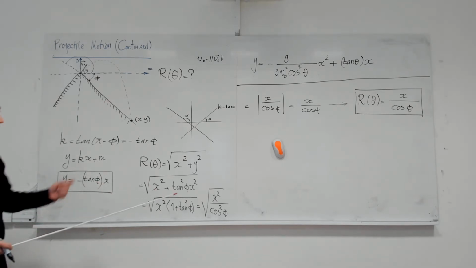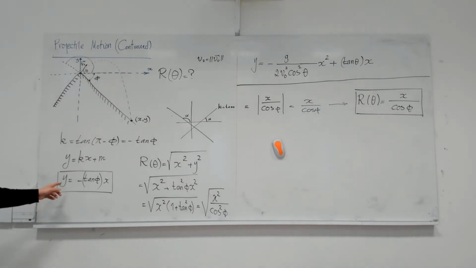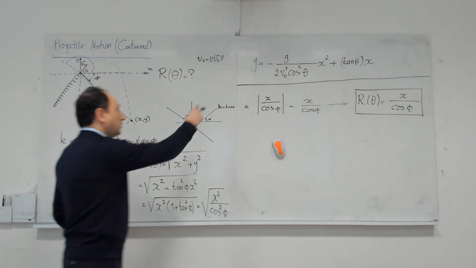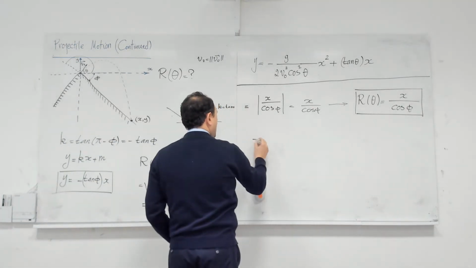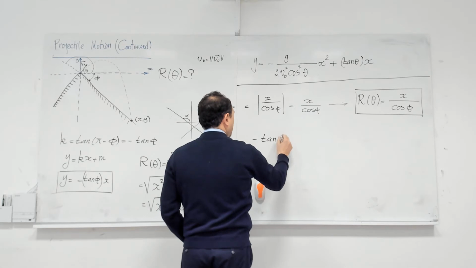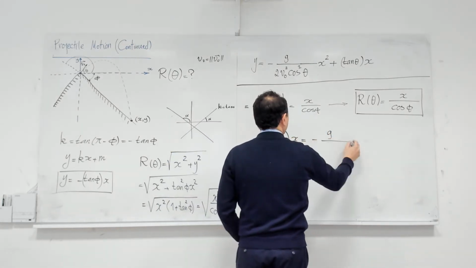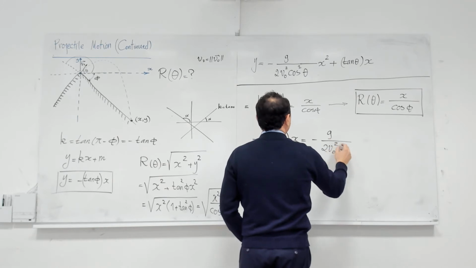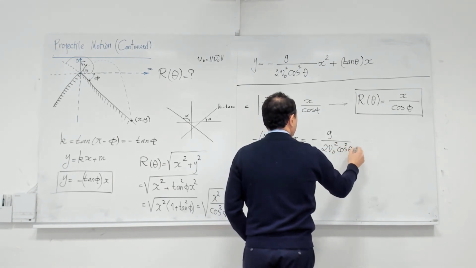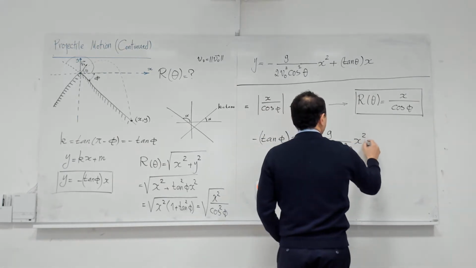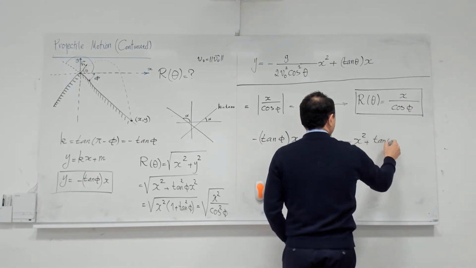I want to connect x to theta, so I need to get rid of y. So I need to eliminate y. I replace y here, so this becomes minus tangent of phi x equals minus g over 2v naught squared cosine squared theta, times x squared, plus tangent of theta x.